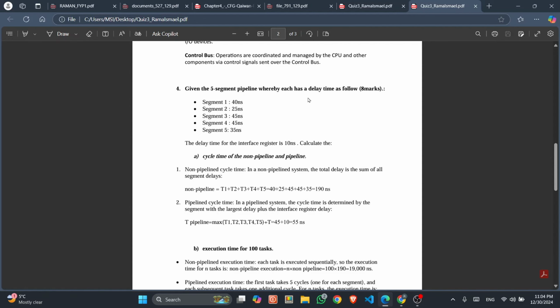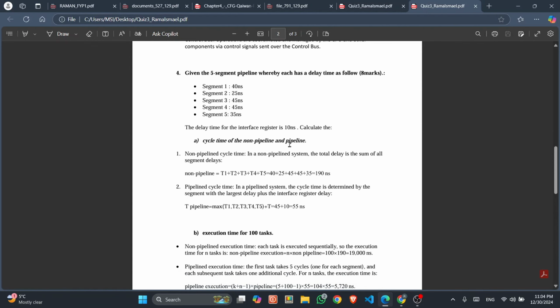In question 4, we are asked to calculate the delay for the cycle time in the non-pipeline and in the pipeline. In non-pipeline, we have to add all the delays. We get the sum of all the delays, which is equal to 119 nanoseconds.